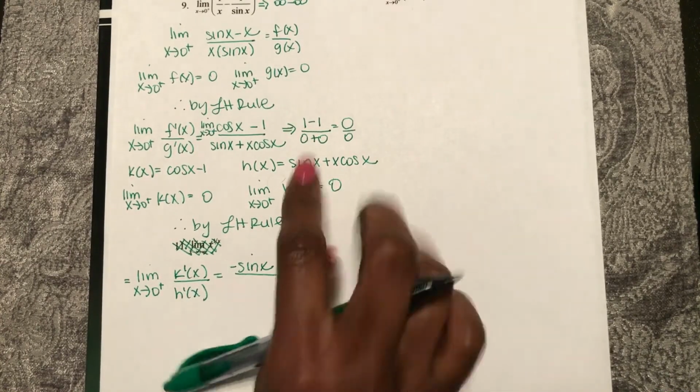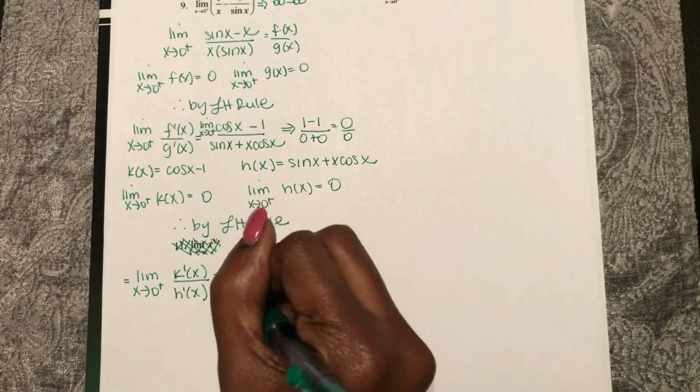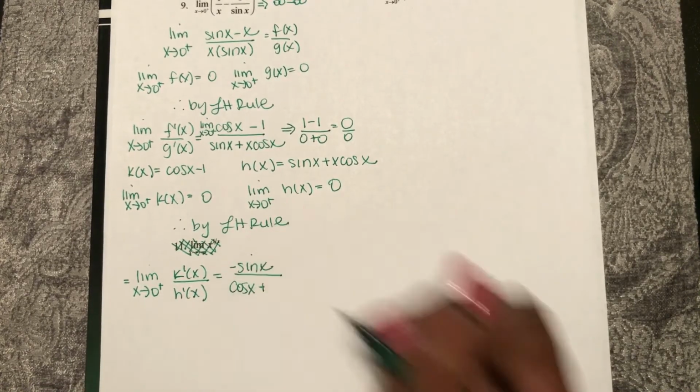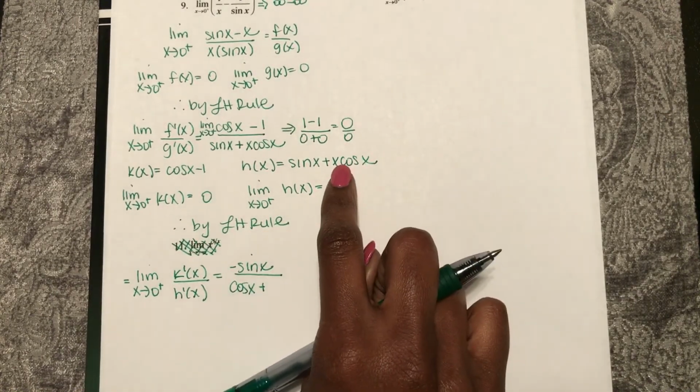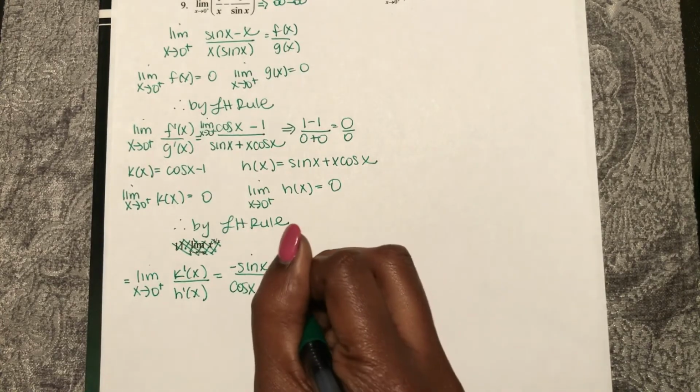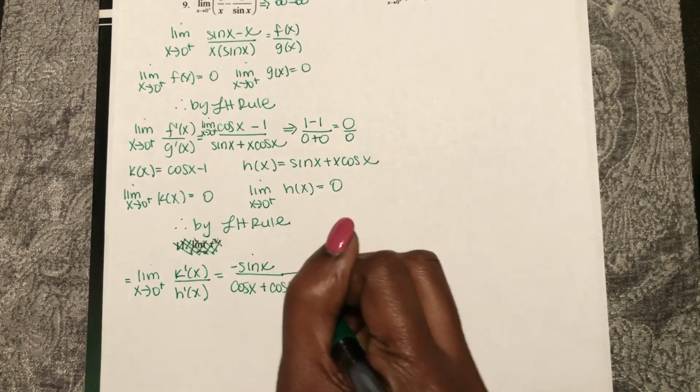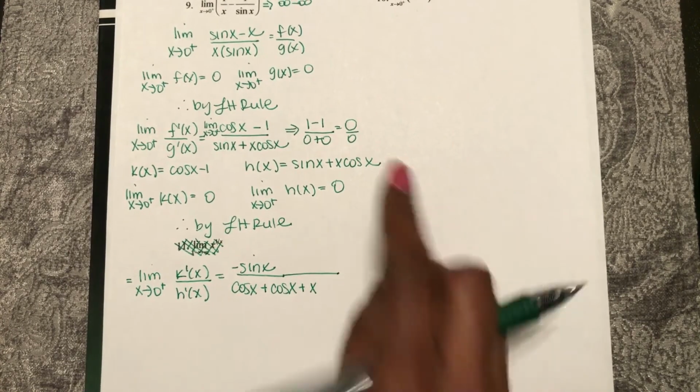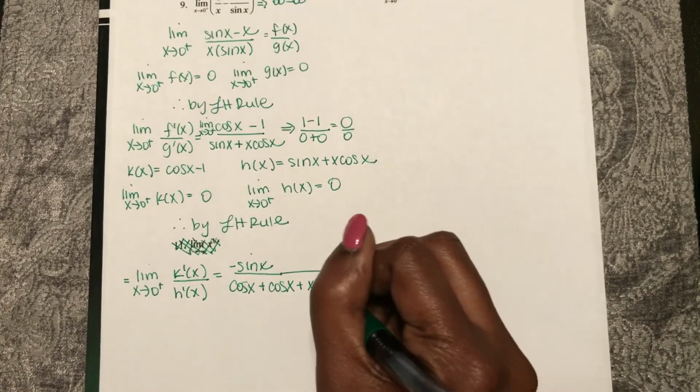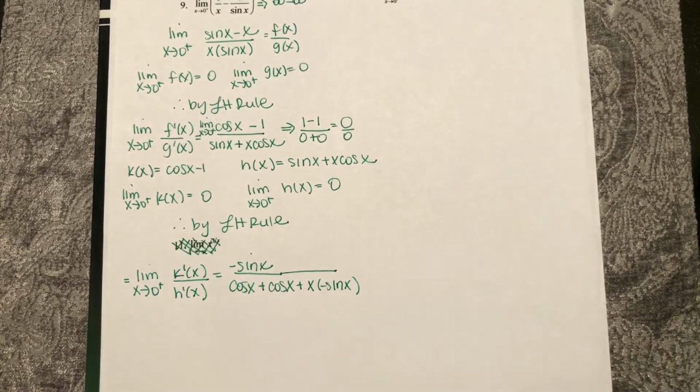Well, let's see, the derivative of sine is cosine x plus product rule. Let's see, derivative of x is 1, so that's cosine x plus x, and the derivative of cosine is negative sine x.